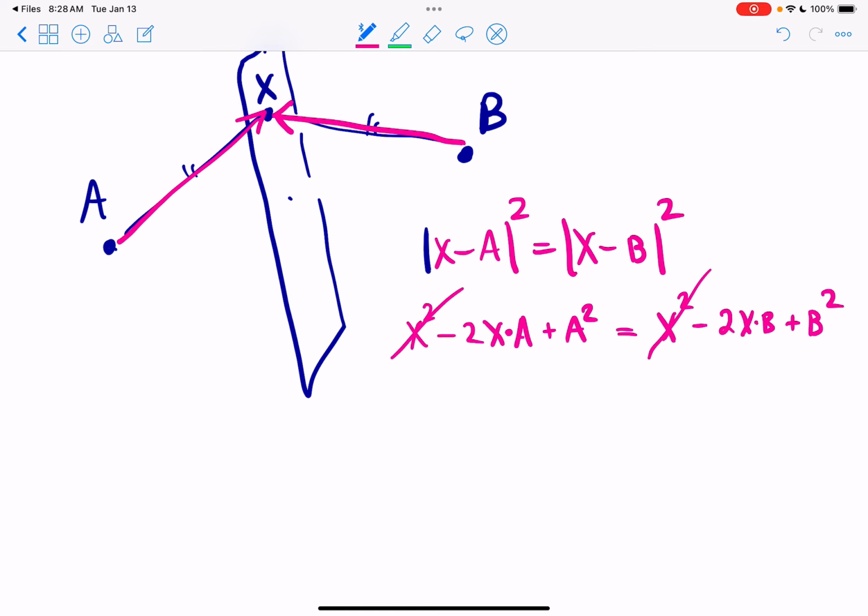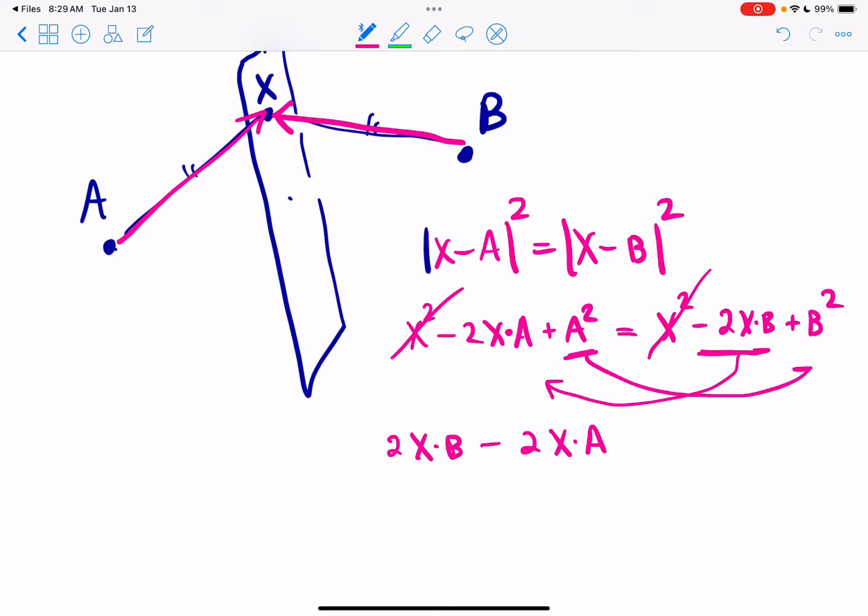And now let's just rearrange and try to simplify this equation. Maybe let's add this one over here. So we're going to get 2x dot b minus 2x dot a, and let's move this one over here, equals b squared minus a squared. Okay, and then remember the dot product, we can factor out a 2.